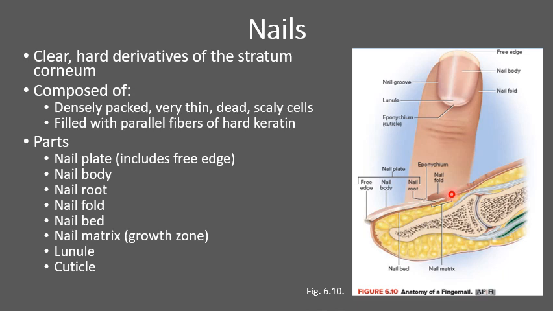Then you also have a lunule, this white area on your nail, and it's called lunule because it looks like a half moon. And then you also have your cuticle, which is the very little end flap of skin of your nail fold.